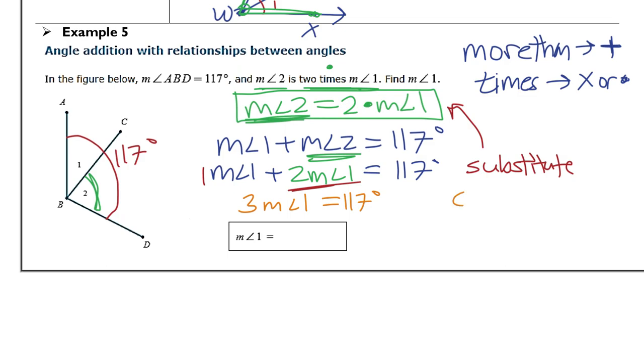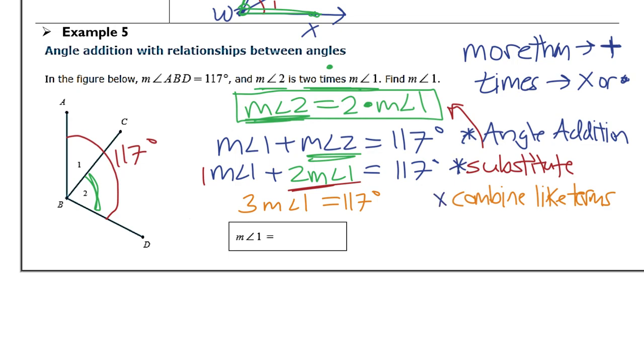So we're just combining like terms. By the way, this first one, if you wanted to write a justification, this is called angle addition. Those are things that you should be writing down in your notes.